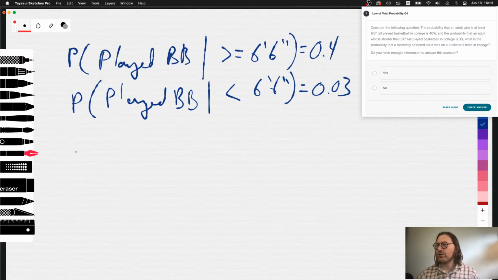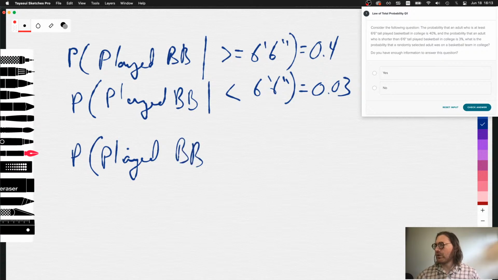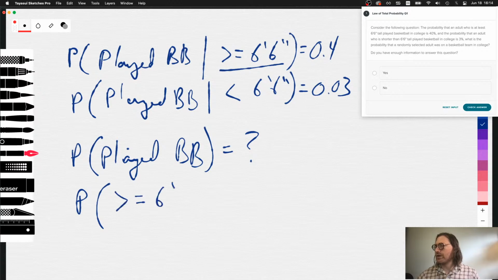So we're asked to determine the probability of played basketball. That's the question we're being asked. What we need to know to answer this question is, well, we need to know a couple things. We need to know the probability that somebody is greater than or equal to 6'6".